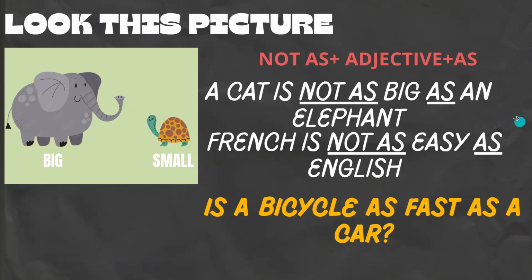And you, Rachel? The difference is that "as" is for talking about things that are the same, maybe, and "not as" is for talking about things that are not the same. Wow, you are exactly right, guys.